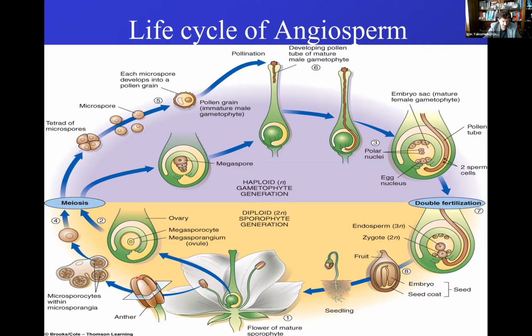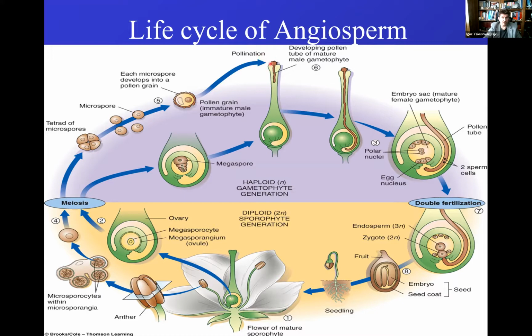So anyway, within the anthers, we have the microspores produced. A microspore is produced. Later on, it goes through mitosis, creating 2 cells. The immature pollen grain will contain the pollen tube cell and the sperm cell, and then the sperm cell will divide into 2 sperms.